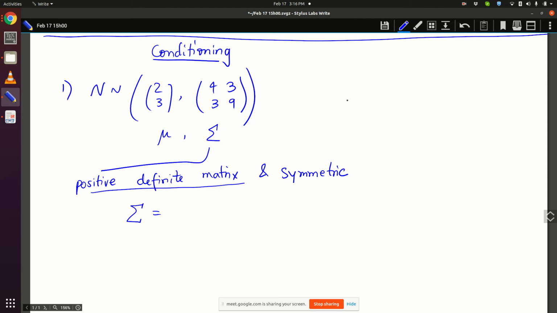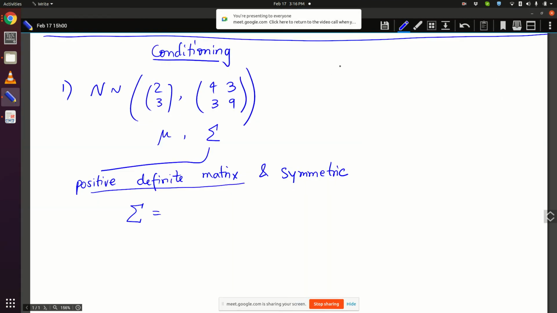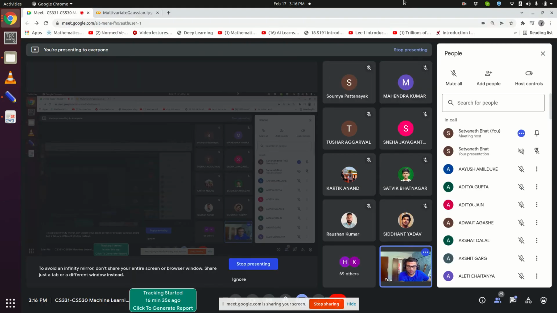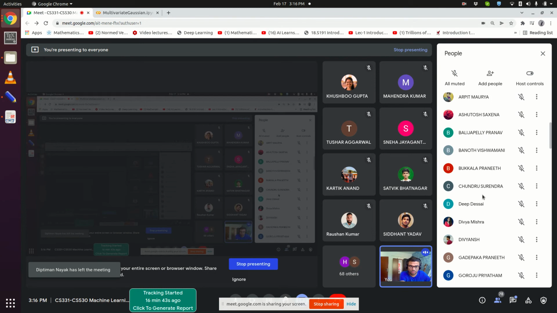Okay, this will take some time, but please stop me. I'm mainly speaking to the CS students and MTech students, right? Have you all heard of linear transforms? Anybody who remembers linear transforms?